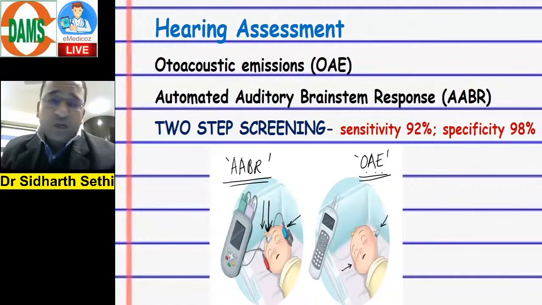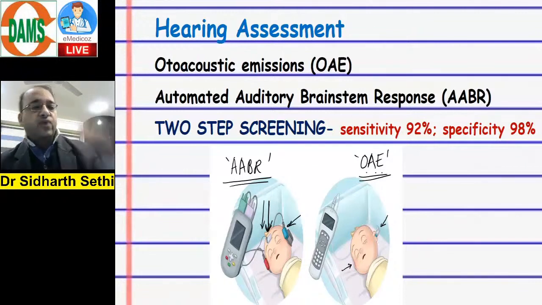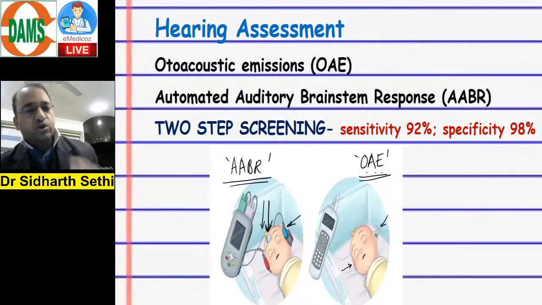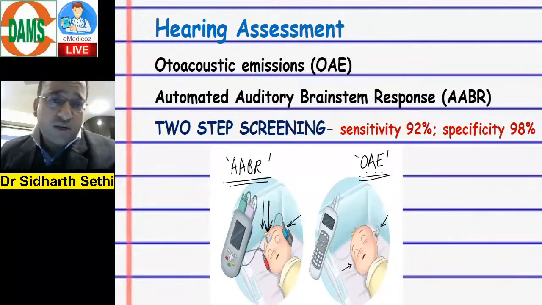So for screening you can do any of them, and if you fail in one, you do the other one. If a patient fails both, this child needs a formal hearing assessment at almost 1 month of life. So it is not just about blood tests. Hearing assessment is also important.